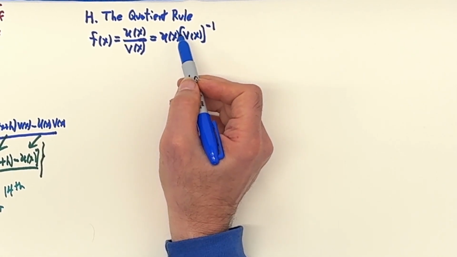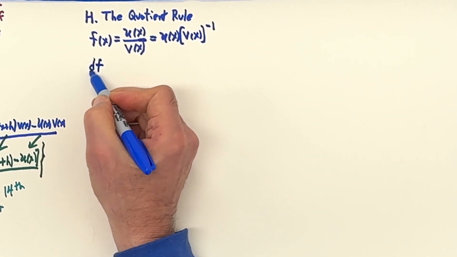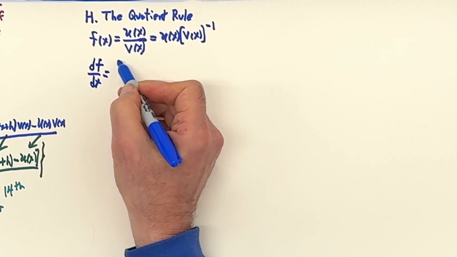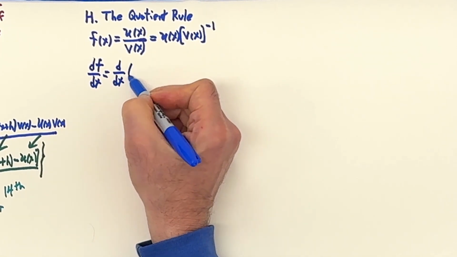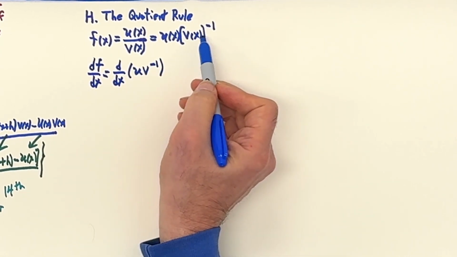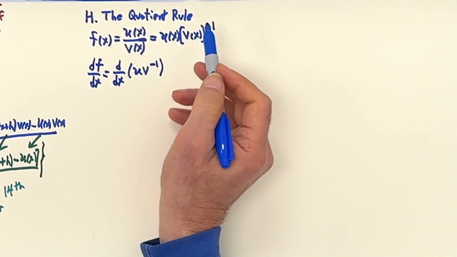Let's write down df dx as d dx of u v to the minus 1. There's your u and v to the minus 1.